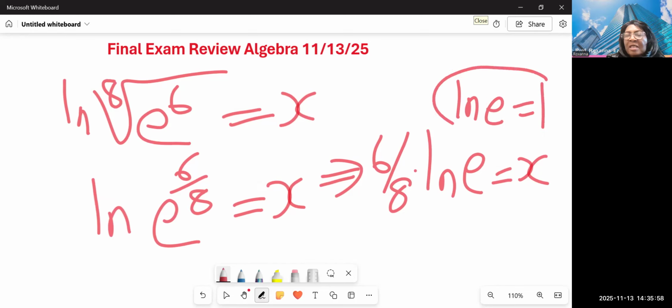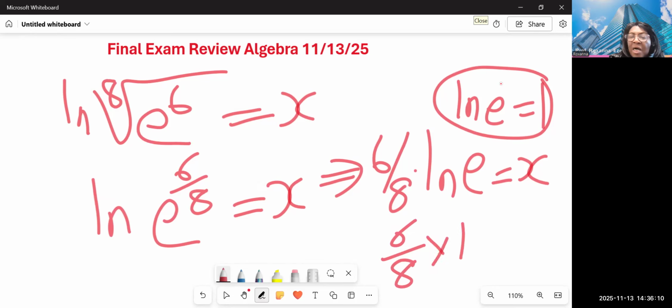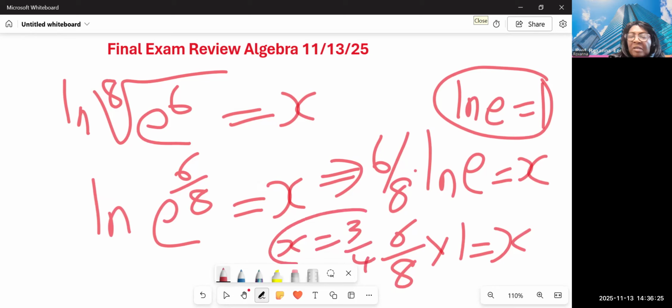We just saw it. Even our calculator testified with us. So all I have to do is 6 over 8 multiplied by 1 is equal to x. So x is 6 over 8 or 3 over 4. Are you following? Any question?